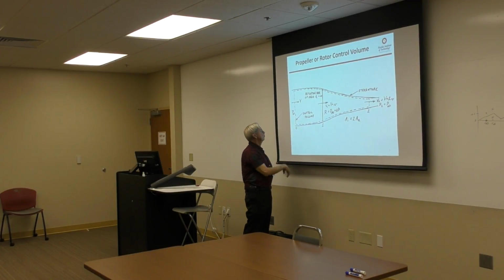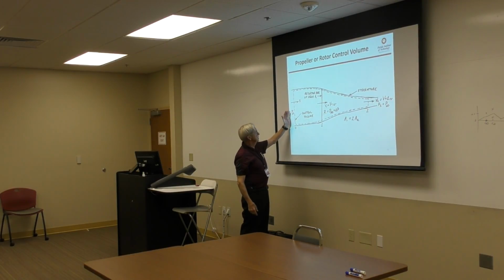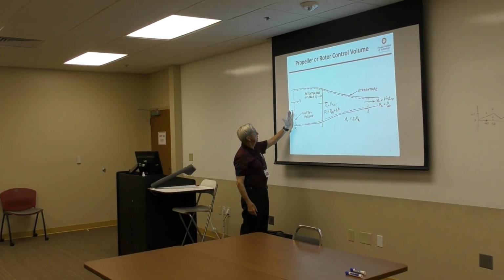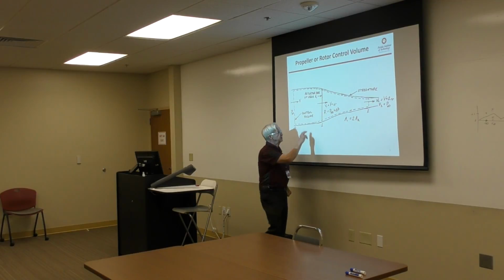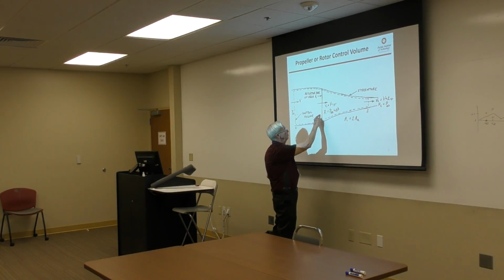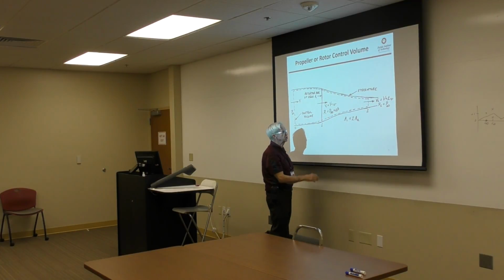And we have this control volume, and way out here is infinity, our initial condition. As the flow comes into this, we have a jump in velocity across the propeller and a jump in pressure.